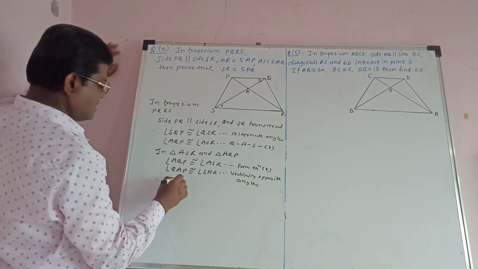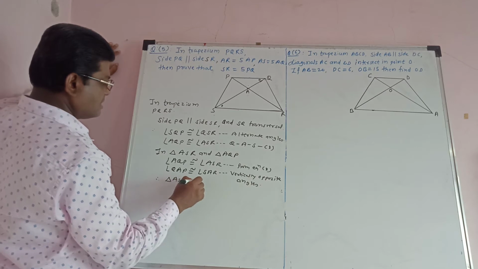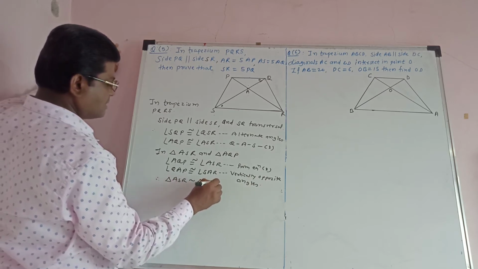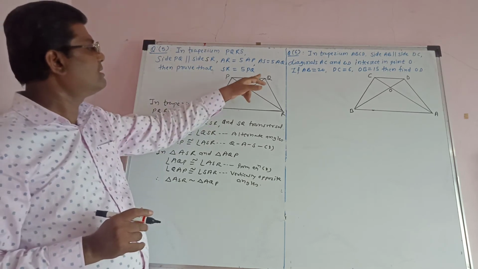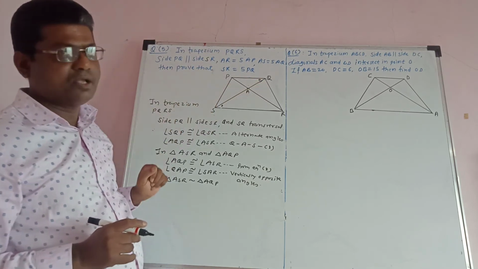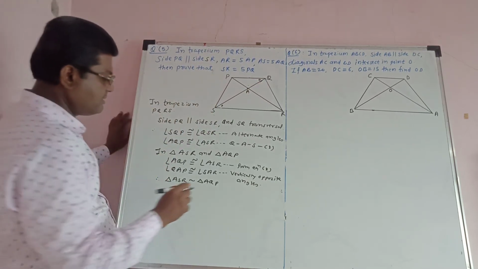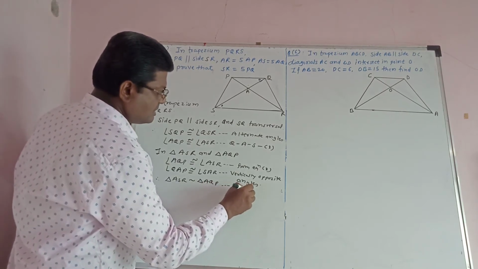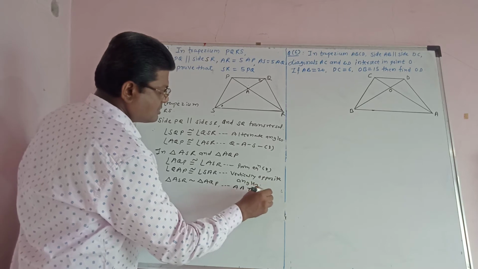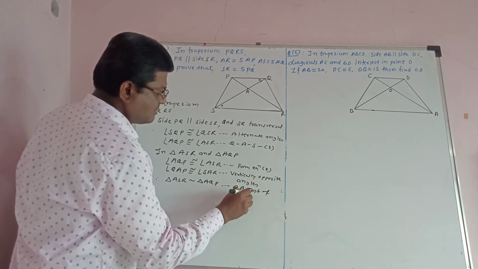Therefore triangle ASR similar triangle AQP. Two angles are congruent, and these two angles are vertically opposite angles. Therefore these two triangles are similar by AA test of similarity.